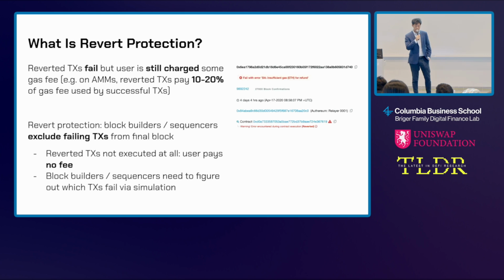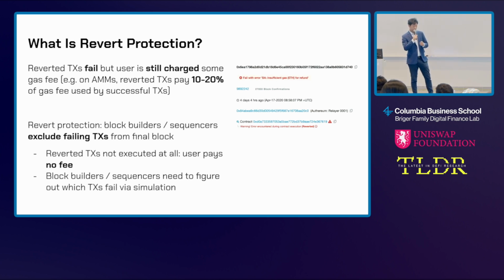So these reverted transactions fail and are not fully executed, but the user is still charged some sort of gas fee based on how far down into the transaction they went before the revert was triggered. For example, on automated market makers, the gas fee of reverted transactions is about 10 to 20% of the gas fee of a successful transaction.